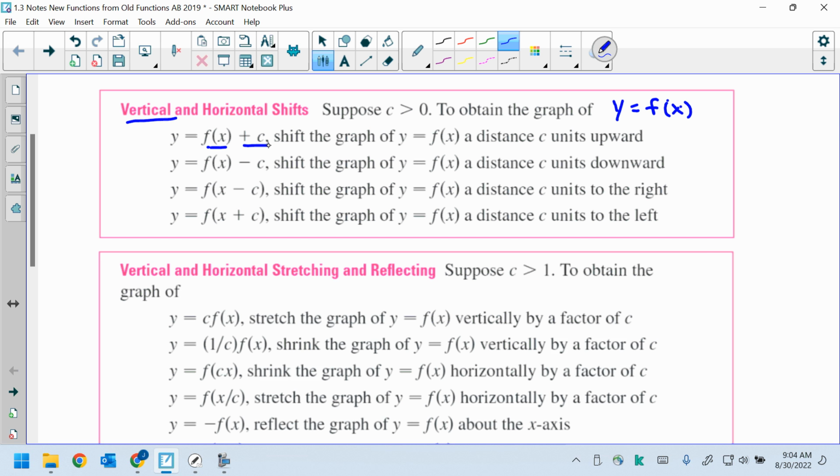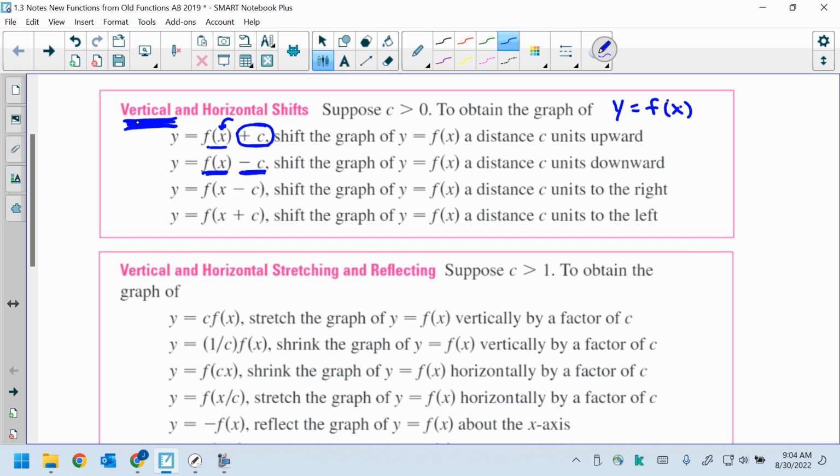And so what you'll notice is if we want to shift something down, we'll take whatever f of x used to be, and we'll take the previous y value and we'll subtract something from it. And that'll move the whole function down a bit. What you'll notice is we did not mess with x. We didn't mess with this thing in parentheses. But what we did is we did something outside of the parentheses, and if you do something outside of the parentheses, that's going to have a vertical effect on the previous graph that you had.